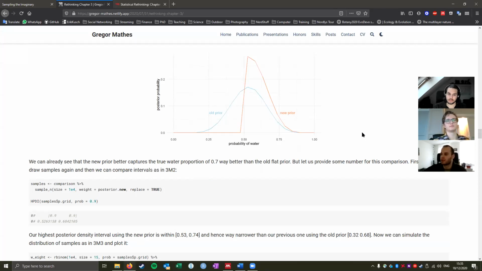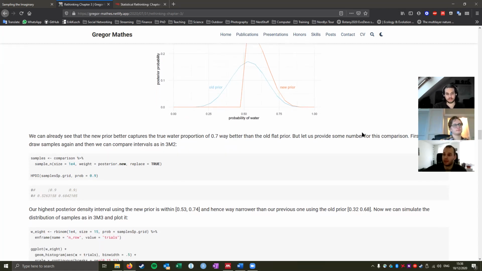Which means there's more space at the x equals 0.7 point. This visual checking shows that this is a better prior than the previous one if we know the true value of 0.7. But we can use the highest posterior density interval as well for this. And to use the highest posterior density interval, we need to use sampling as well. So we sample 10,000 values from the new posterior distribution, and fit this into the HPDI function.